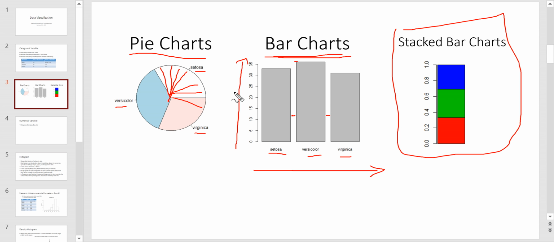Now, a pie chart shows you a little bit more as far as a real quick snapshot of the relative differences between the levels as compared to the bar chart. But the bar chart has the advantage that it can handle more levels. Ideally, both of these could be useful. And then just a quick mention, there are variations of these.